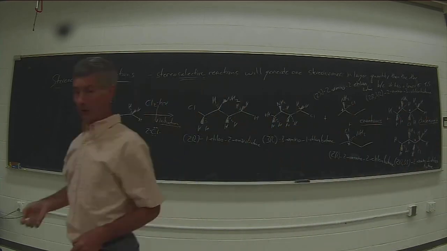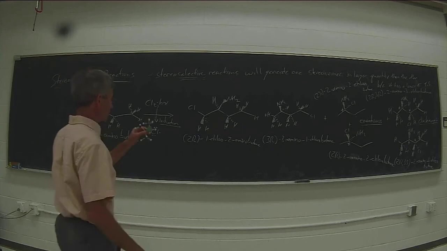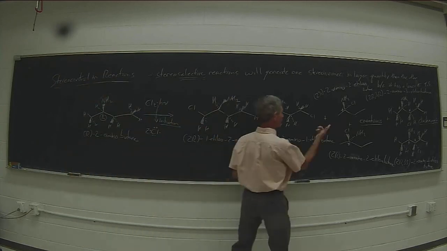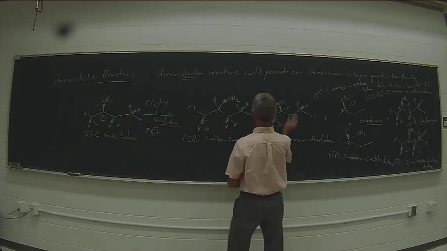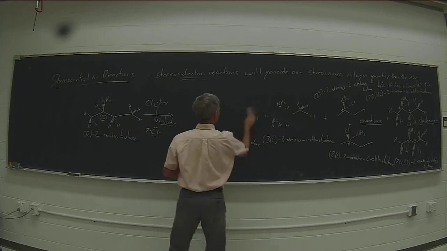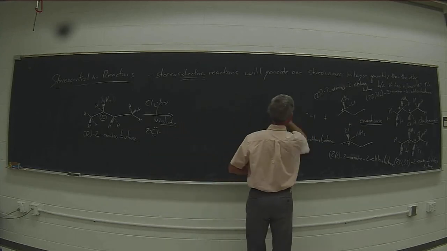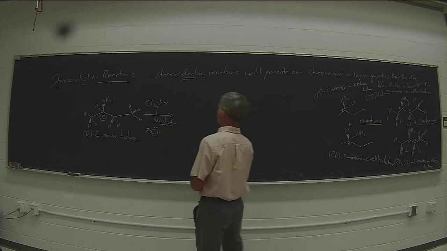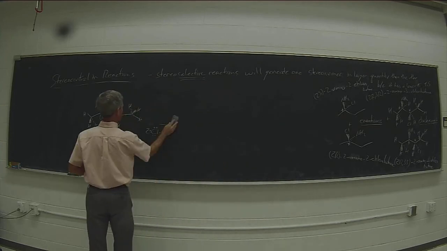So let's take a look at what the transition state would look like, or what the intermediate would look like for reaction at carbon 2, reaction with the tertiary hydrogen.